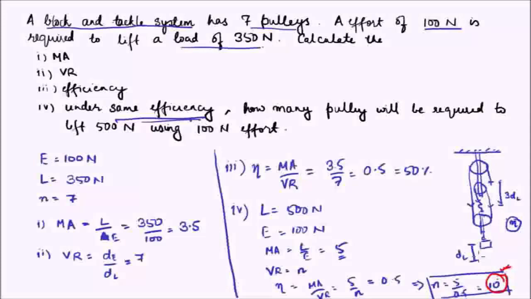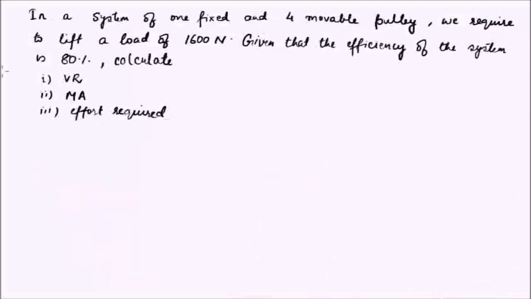We understood the idea behind this. Let us jump into a final question and wrap up our chapter of pulley and the whole section of machines with that question. The last question of the chapter says that we have a system of pulley which has one fixed pulley and 4 movable pulley, and we require to lift a load of 1600 newton.